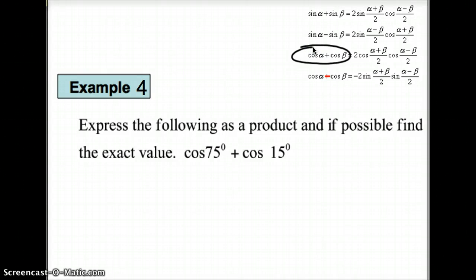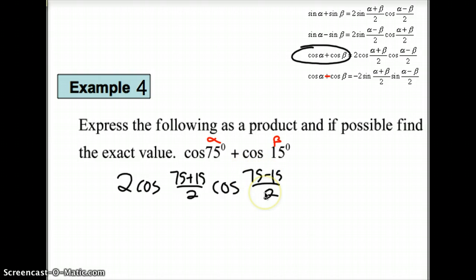Let's see, this is alpha, this is beta. So we're going to have 2 cosine of the sum of the two angles divided by 2 times the cosine of the difference. So 75 minus 15 over 2.